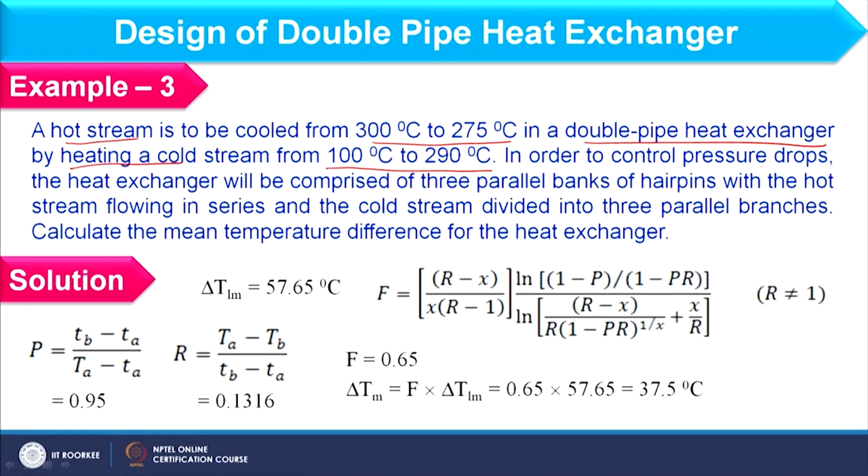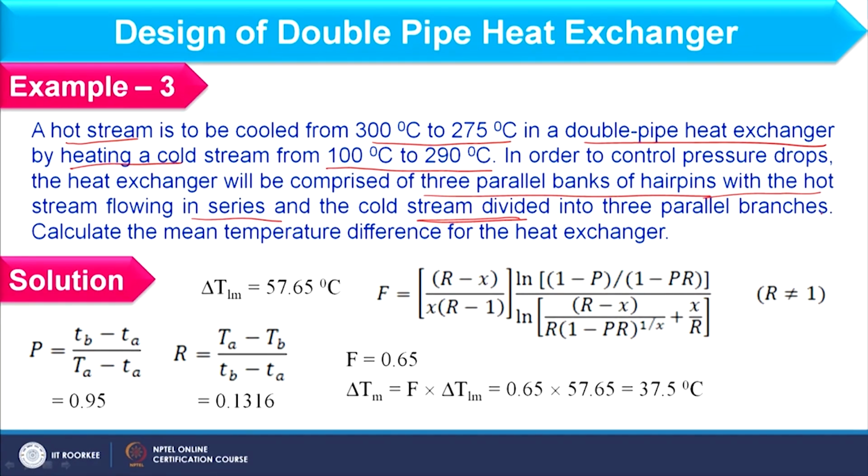In order to control the pressure drops, the heat exchanger will be comprised of 3 parallel bank of hairpins with the hot stream flowing in series and cold stream divided into 3 parallel branches. Okay.